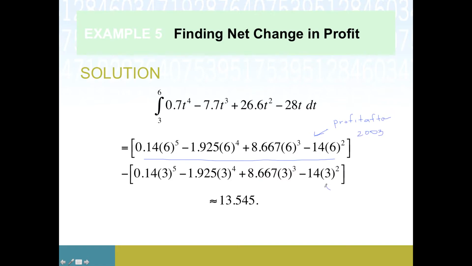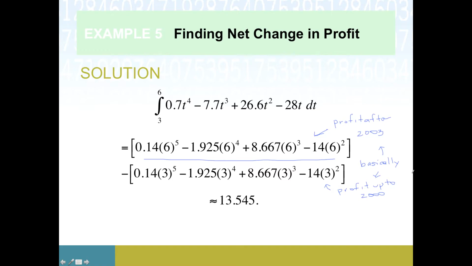And then this is essentially profit up to 2000. Just for the record, we're missing a constant because we don't have a particular solution. So I'm going to put that on here just to kind of save my rear end on this.